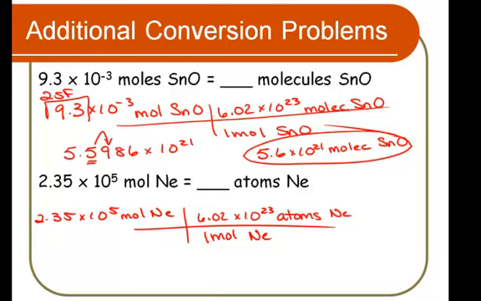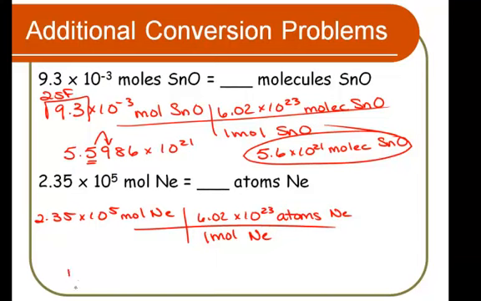Remembering to use our second inverse function, we're plugging in 2.35, second inverse to get that E, 10 to the 5th, times 6.02, second inverse for the E, 23.